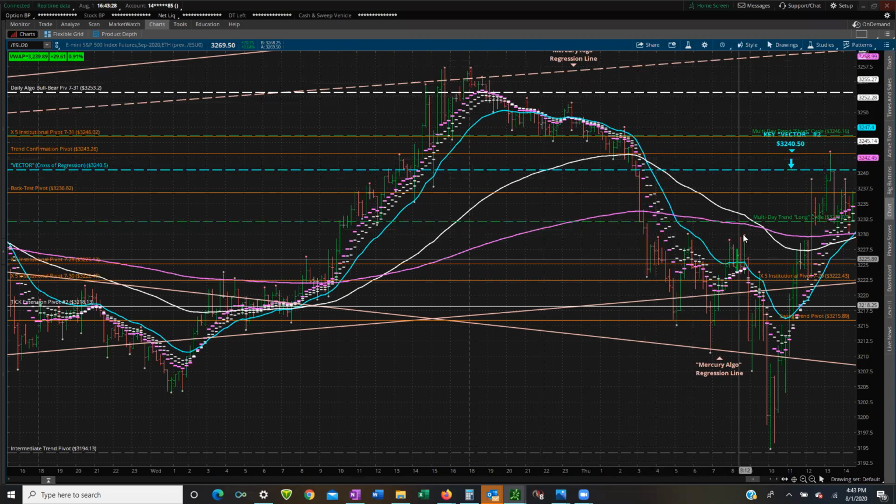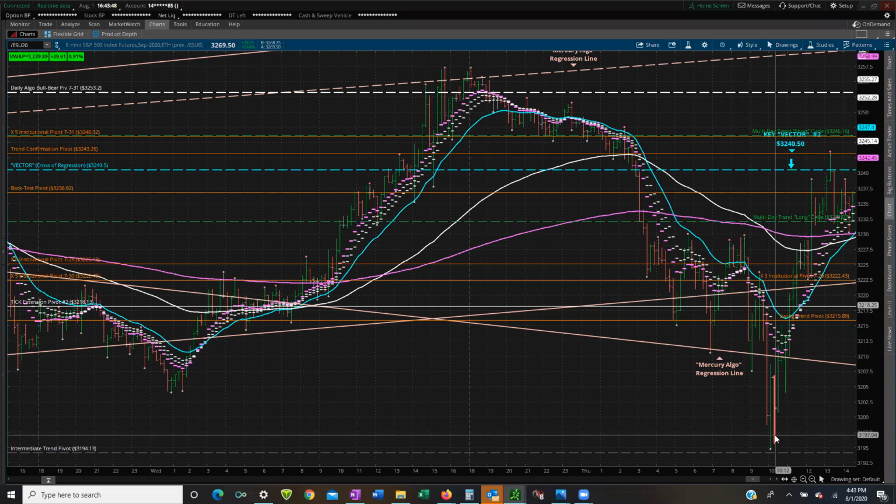But the reason you got this strong move from here down to here is you didn't just get one bar of a bull trap. You had 1, 2, 3, 4, 5. Well, 5 times 12 minutes is an hour. You had an hour's worth of traders that got trapped when that broke.